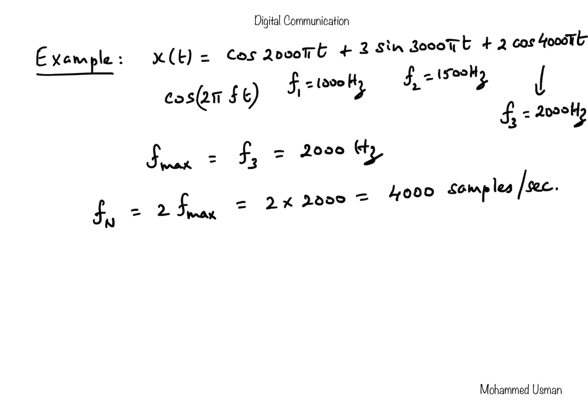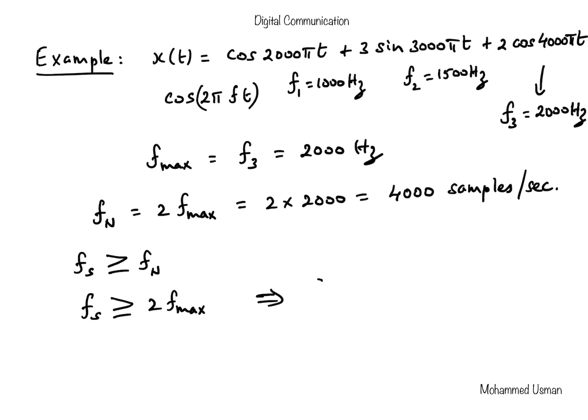And according to the Nyquist sampling theorem, the sampling frequency fs should be at least the Nyquist sampling rate. That is, the sampling frequency fs should be at least 2f max.